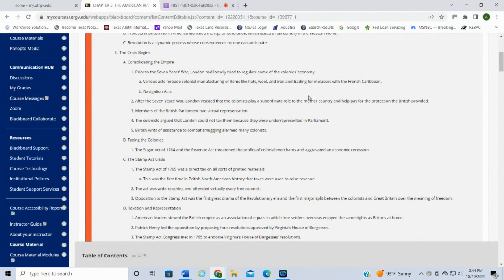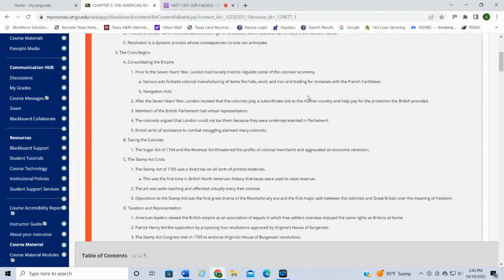So the colonists were being subjected to very strict customs and importation rules, which you still have to this day. If you import things from other countries, there are tariffs, which are taxes put on those items. So the colonists were avoiding these taxes by illegally getting these items smuggled into the country.